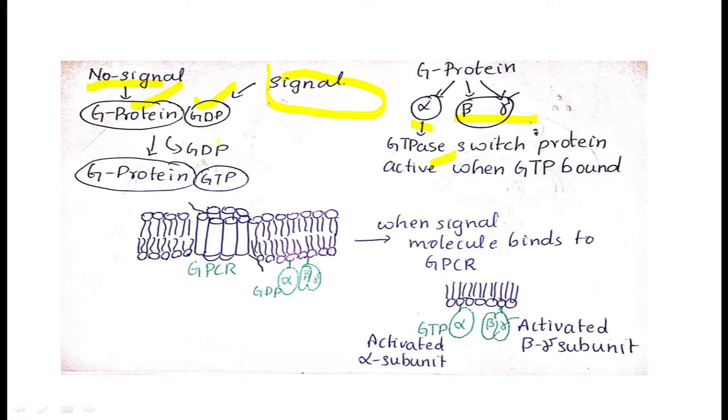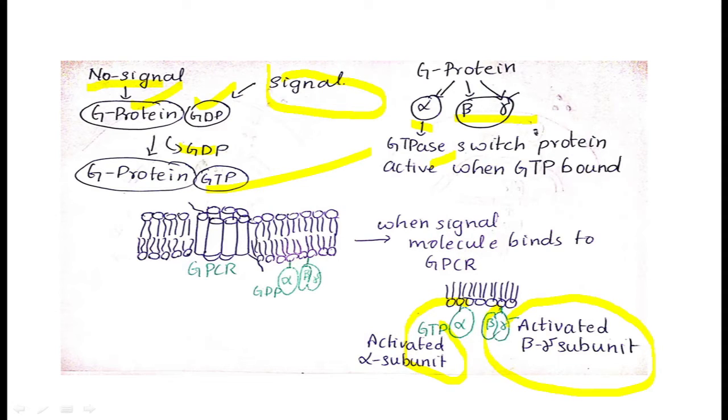But when there is a signal, this GDP is replaced by GTP. When GTP is bound to this trimeric G protein, you can see the separation of the alpha, beta and gamma. The alpha subunit gets separated, and the beta gamma subunit gets separated separately.